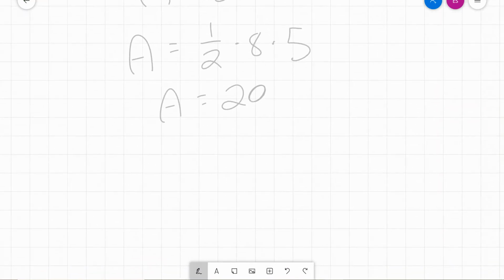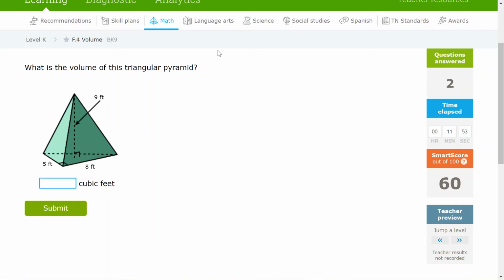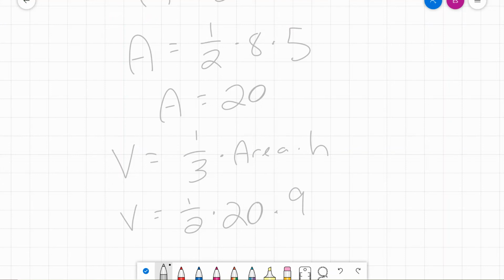And now I'll use the volume formula for a pyramid, which is 1/3 times the area of the base times the height. So 1/3 times 20 times, let me remember what the height is, 9 feet. On my calculator, 20 times 9, and then I'm going to divide that by 3, and I get 60 even.